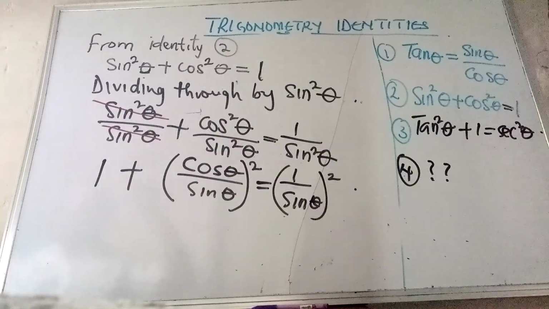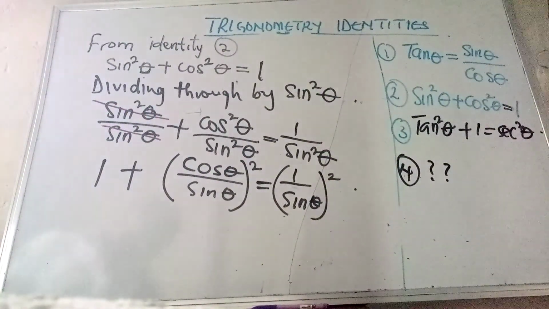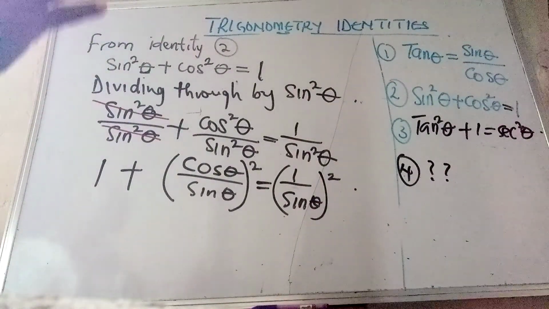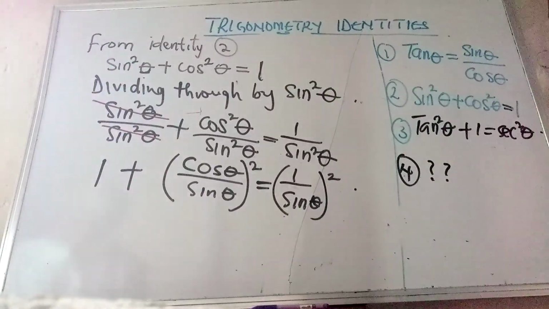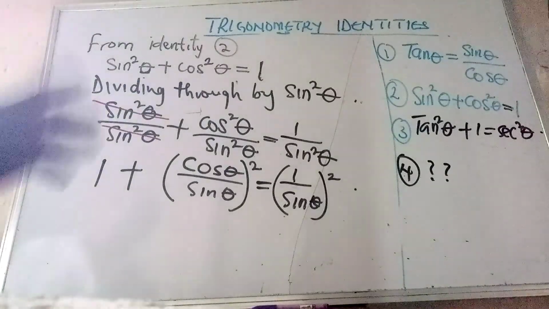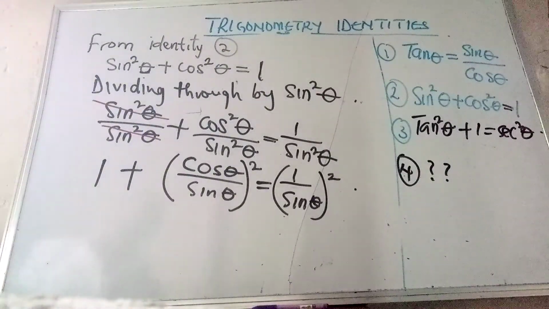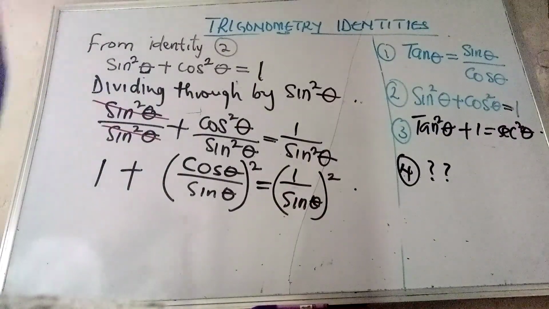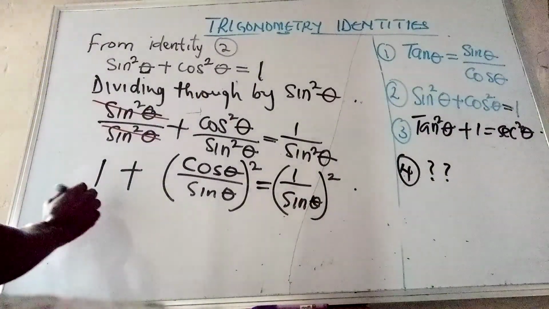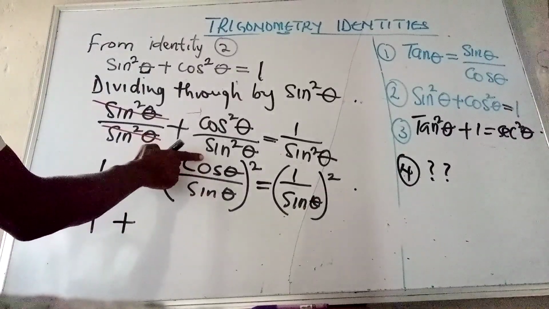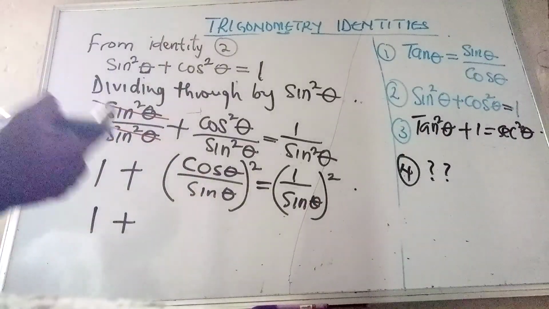Alright, going back to my first episode, out of the 6 basic trigonometric ratios I gave, one of them says that the reciprocal of sine theta is cosec theta. That means 1 over sine theta will be replaced with cosec theta. So I will have 1 plus, since cosine theta over sine theta is cotan theta.